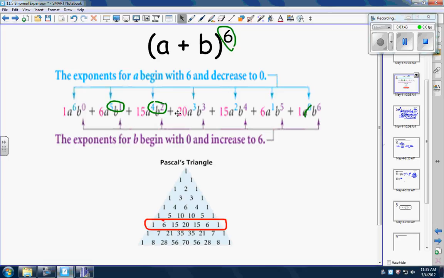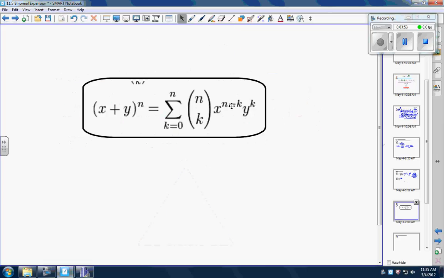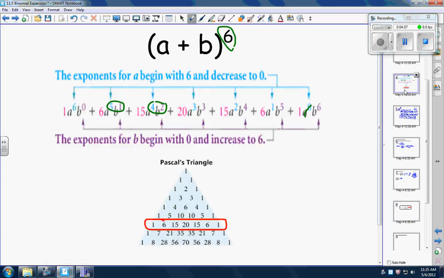So this would be 6 choose 3, 6 choose 4, 6 choose 5, 6 choose 6. Okay, and you can see the exponents are always going to be 1 off there. And when you take n minus k and the k, and you put those guys together, they cancel, and they should always add up to n. So just like everything here, always added up to 6.